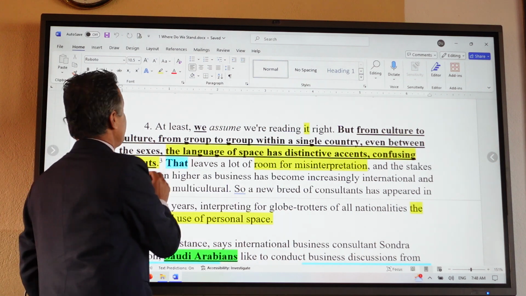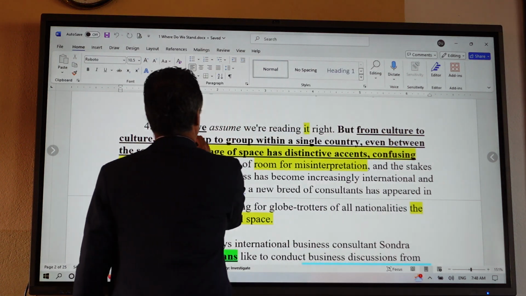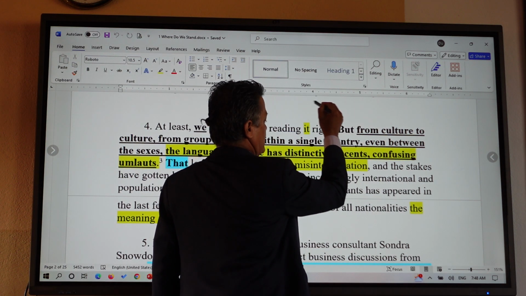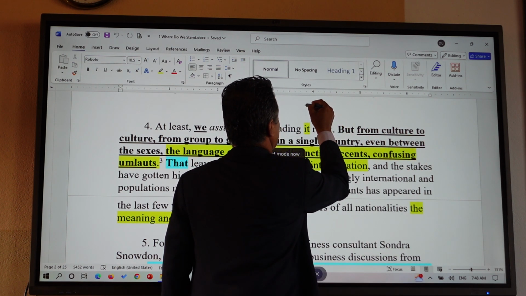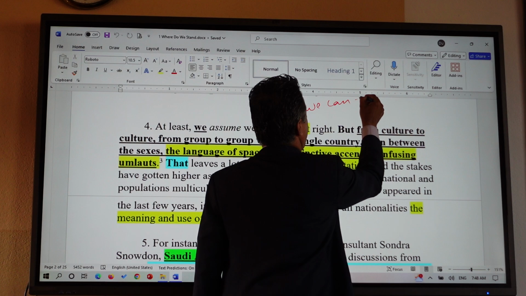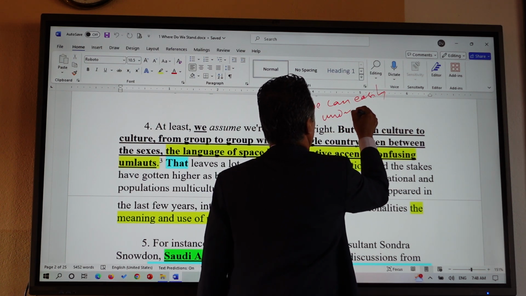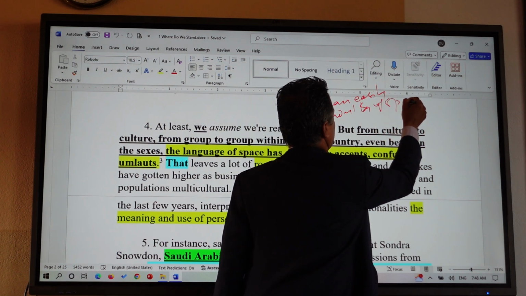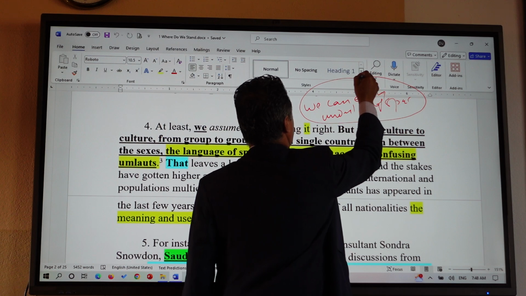Okay, let's read. But from, at least we assume we are reading it right, means, look here. Wait a minute. We can easily understand language of space.